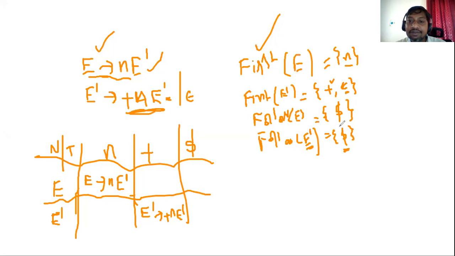For each and every symbol in the follow set of E', we have to add null production rules. So we have only one symbol, that is dollar. For E' with dollar, we have to add E' to epsilon. Null production rule. Okay, that's simple.